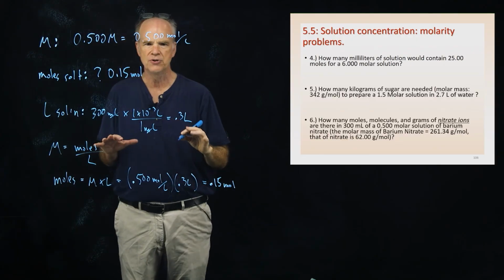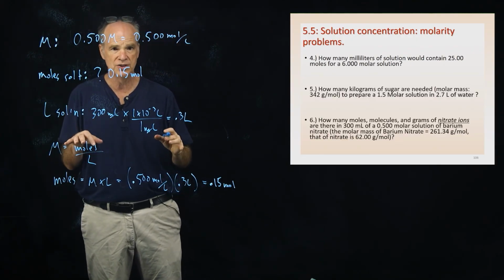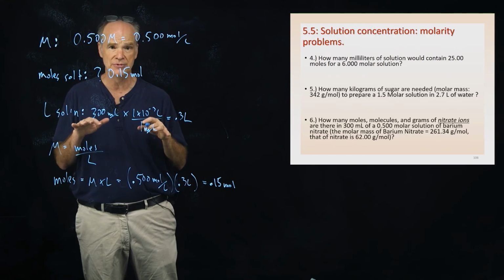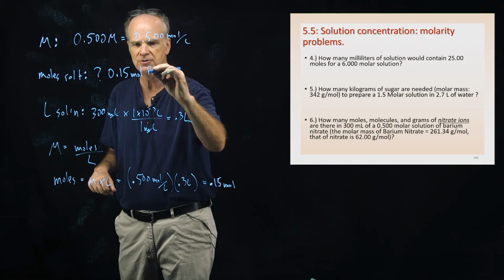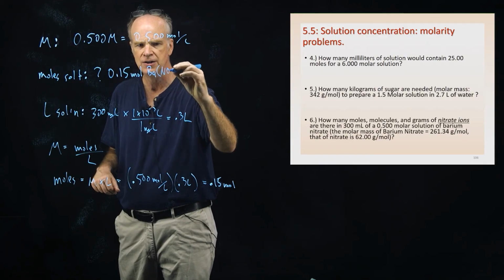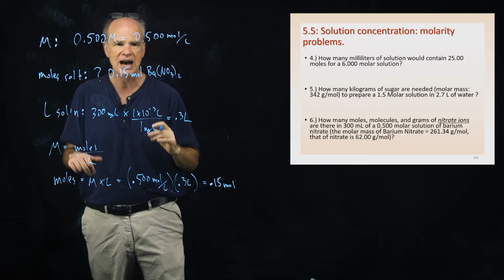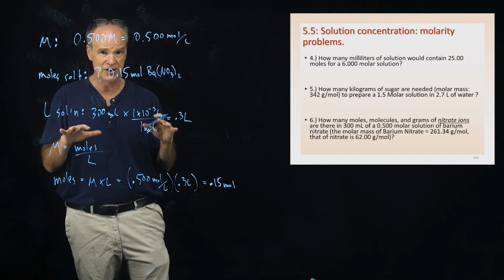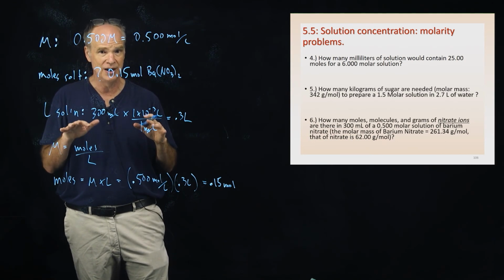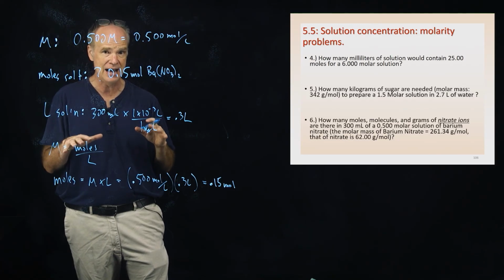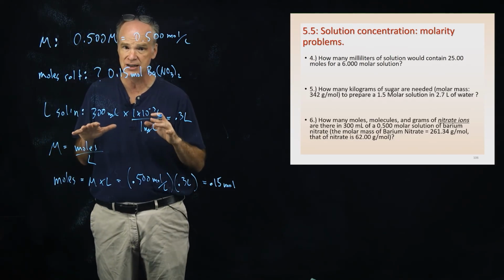Now, here's the problem. What we were doing in the original problem was dissolving the compound barium nitrate. So this would be the moles of barium nitrate. So I'm going to write barium nitrate here. But here's the problem. We're not looking for the moles of barium nitrate. In this problem, they're asking for the moles of nitrate ions. So you have to convert the moles of barium nitrate into nitrate ions.